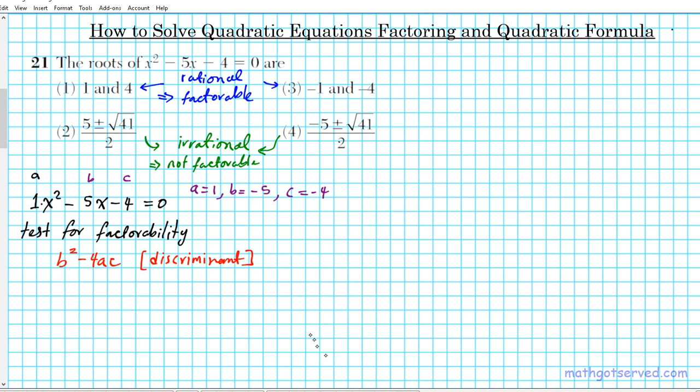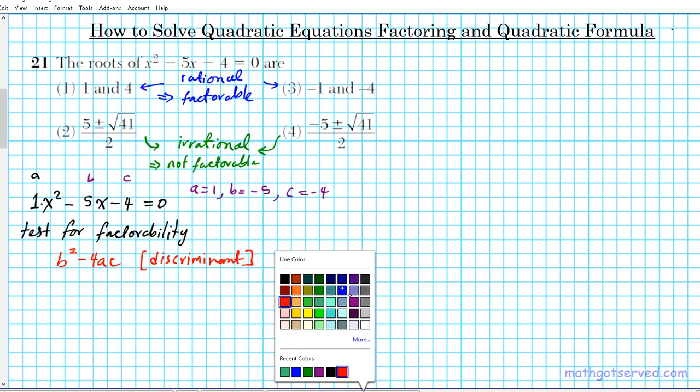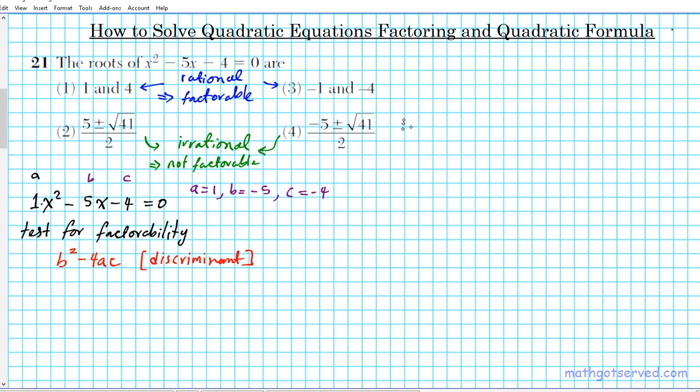So let's just focus on factorability right now, and let's note the following concerning the nature of the roots and the discriminant.